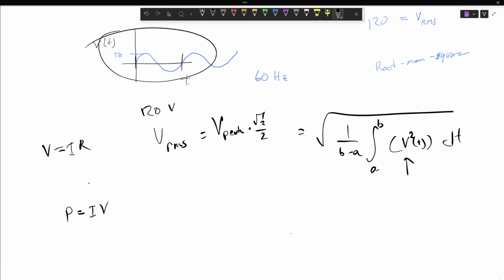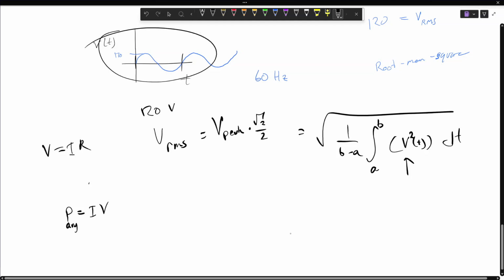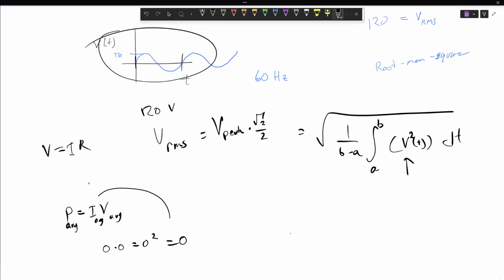And that would also be true of the current. So if you're trying to get an average power by taking average current times average voltage, it wouldn't get you anything because 0 times 0 equals 0. It's super nothing. But we know that I have to pay for energy. I don't just get energy for free. So we invented this idea because if V equals IR, that means the current function also looks the same way.